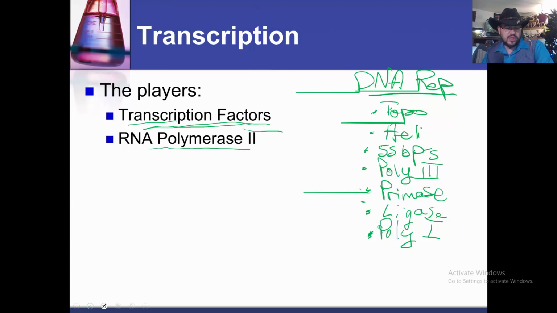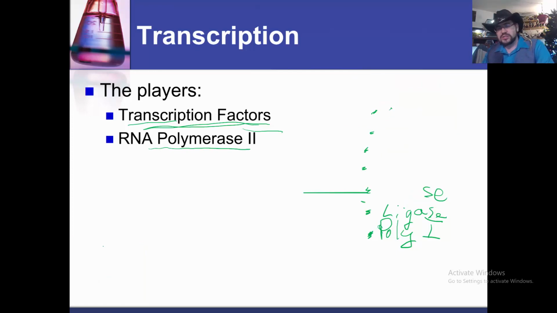RNA polymerase II is the home shopping network version of an enzyme, man. The commercial for it would be like, all right, folks, we've got some RNA to make, all right? Now, in DNA replication, we needed those 7 enzymes, folks. But today, I'm giving you RNA polymerase II. All right? RNA polymerase II is an amazing protein, my friends. It takes all the functions of the 7 enzymes in DNA replication and does them itself.